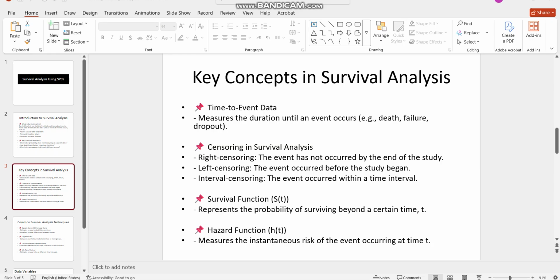Suppose that you gave a treatment for 50 patients, 30 out of them died, and for the other 20, either you lost the follow-up or they didn't die, or they died before you made your analysis. So these are called censored data, and these are presented in the data, but once we make the test to compare the two treatments or three treatments, whatever the number of treatments is, these will be excluded.